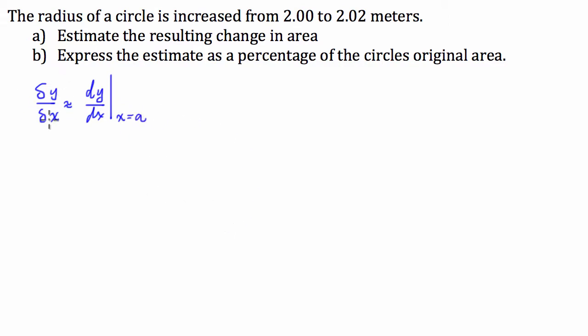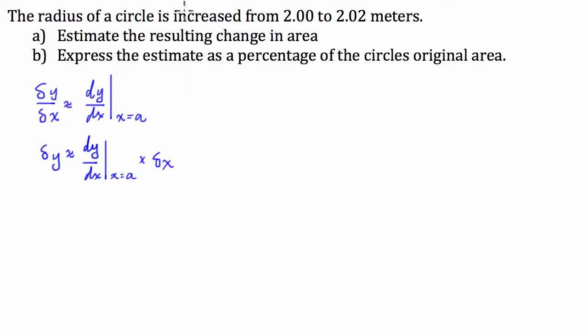Cool. So the reason that we have this relationship is so we can find a small change in the dependent variable and approximate it using the derivative with respect to x evaluated at that original point, and then we multiply it by the small change in our independent variable.